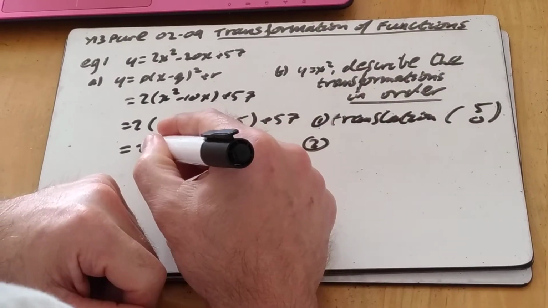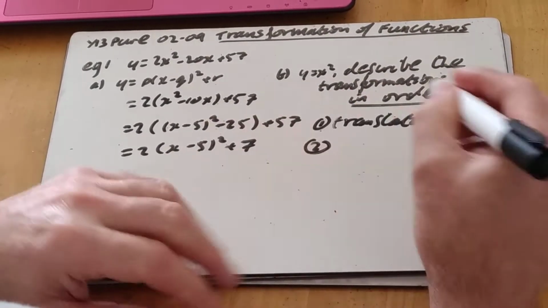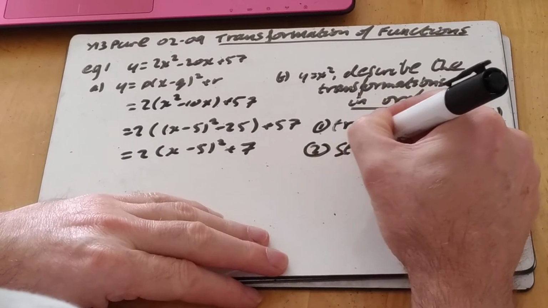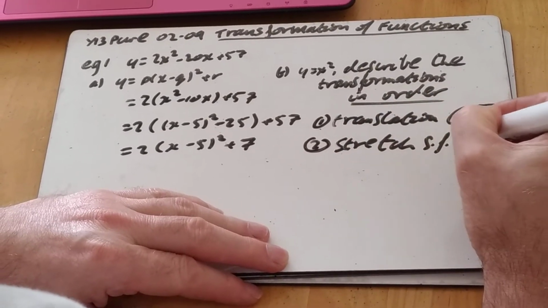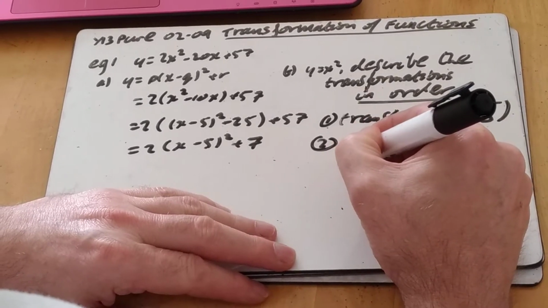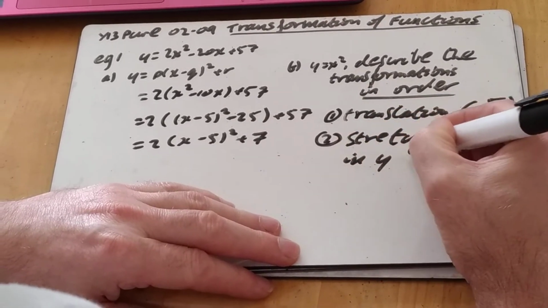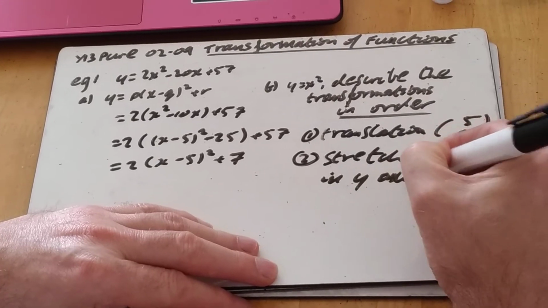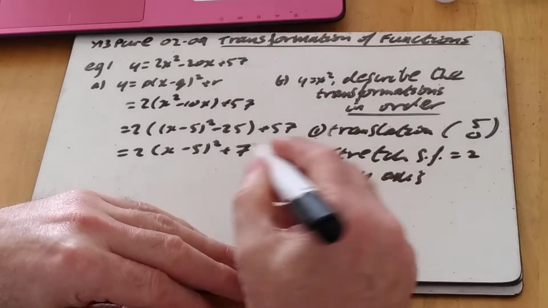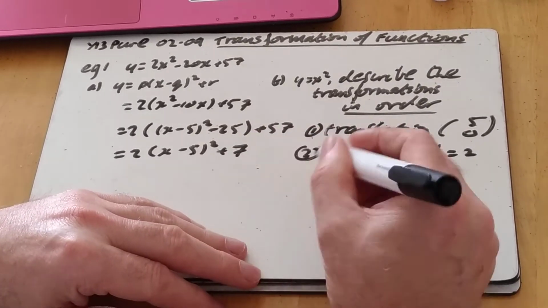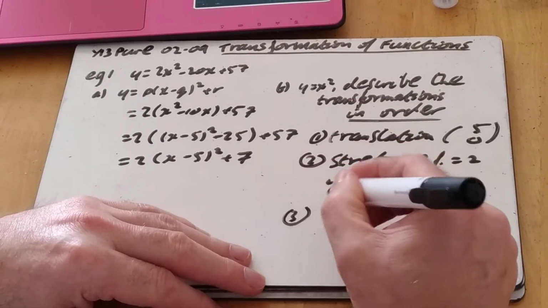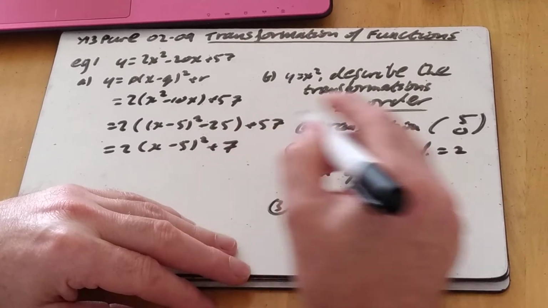Then the next thing I'm doing is the 2, and because it's outside the bracket, it's a stretch scale factor equal to 2 parallel to the y axis. And then the plus 7 afterwards is a translation again, but it's outside the bracket, so it does exactly what it says, it adds 7 onto the y's.